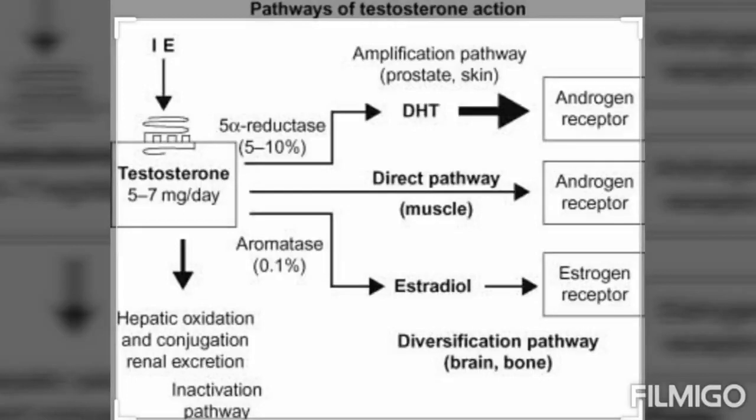Testosterone is metabolized in the liver by 4 different pathways. Route of elimination: 90% of an intramuscular dose is eliminated in urine, mainly as glucuronide and sulfate conjugates. 6% is eliminated in feces, mostly as unconjugated metabolites.